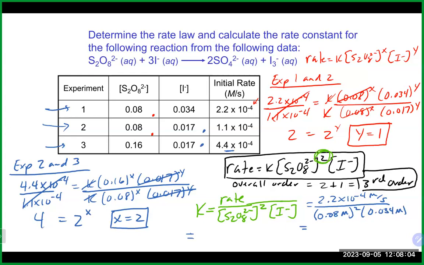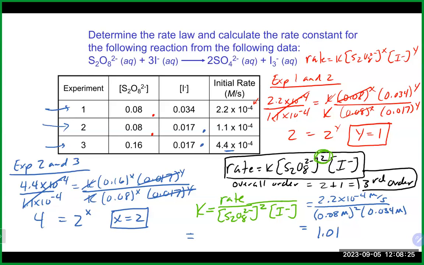And that will get us 2.2 times 10 to the minus 4 divided by 0.08 squared and divided by 0.034. That's going to give us 1.01.